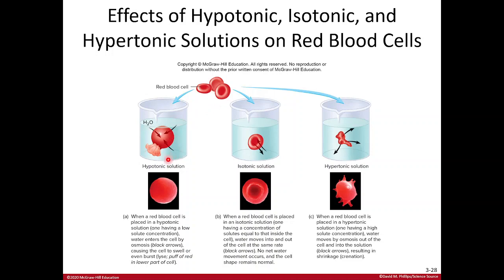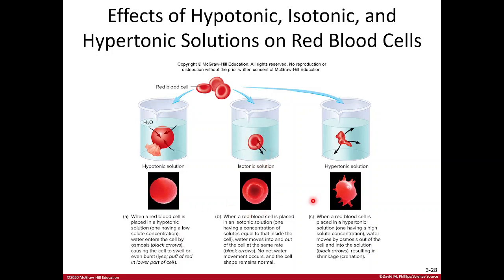You can put them in a hypotonic solution, and then the cells will swell and eventually burst, into what we call lysis. Or if you put them in a hypertonic solution in which you have a high concentration of solutes outside, the cells will dehydrate or crenate. Now, if you put the cells in an isotonic solution, the cells will neither gain nor lose volume. So they will stay the same.